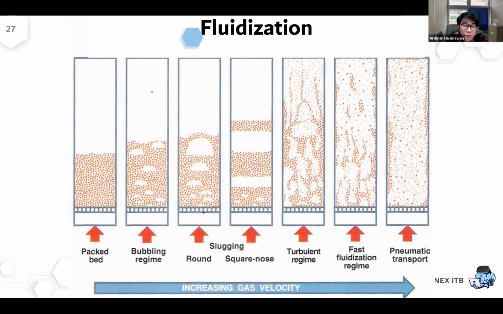Or later, if you hear about gasification, it is the process of combusting raw materials, normally in solid form. You react it with air at a certain composition and temperature. Then the operation can be performed in fluidization condition.